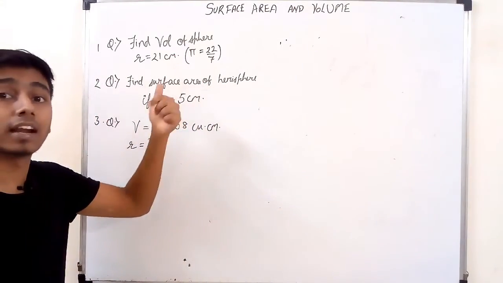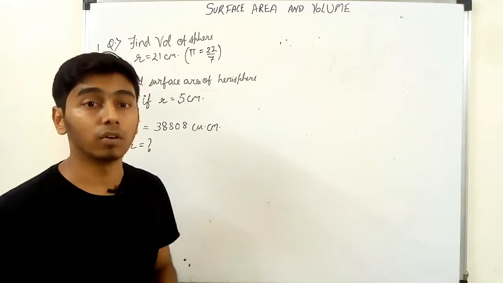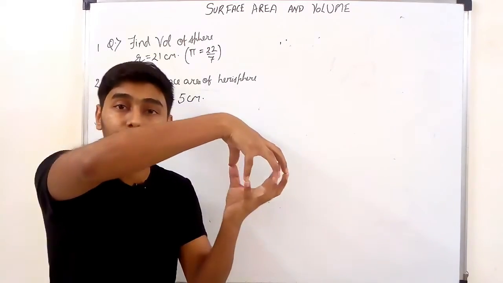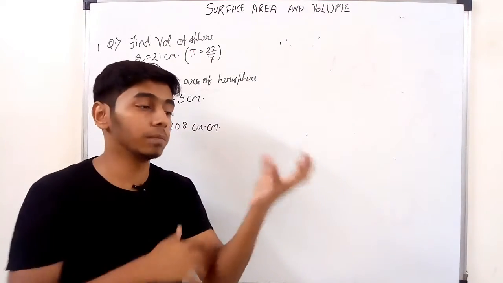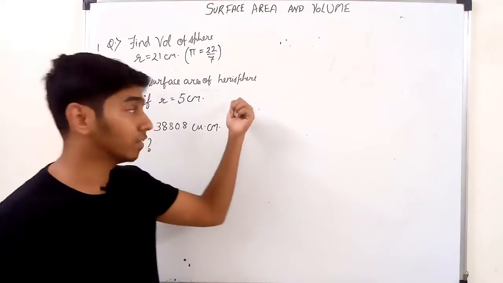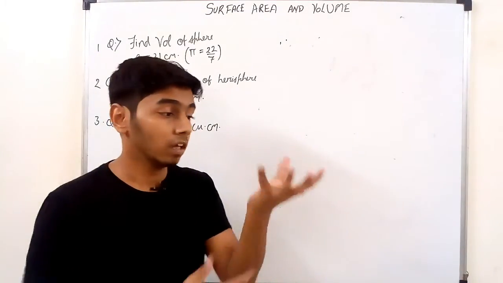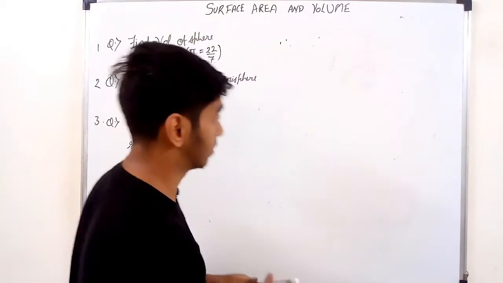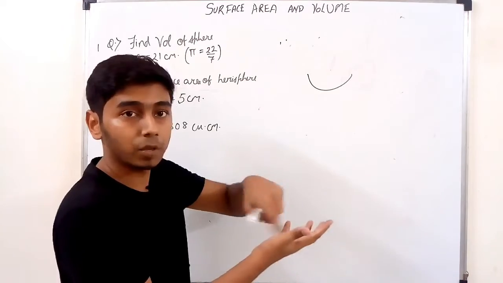To find the surface area, there are two types of surface area: the curved surface and the total surface. For a hemisphere, imagine a sphere, and if I cut it into half, this will be a hemisphere. The curved surface is just this part, the whole inside part.